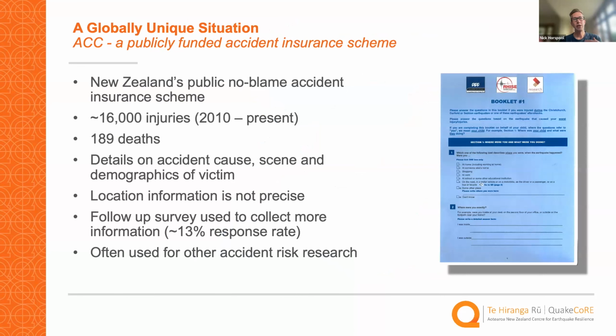Now, in New Zealand, we're in quite a unique position where we have the Accident Compensation Corporation, which is our publicly funded accident insurance scheme, which tries to reduce the liability of people for accidents in New Zealand. But what it means is that anyone who is injured or killed in a natural hazard, they're eligible for ACC treatment as well. Now, this is great because it means that there's no barriers to healthcare for people who are injured in natural hazards, but it also creates an opportunity because information on how people were injured and where and what their injury types were are collected by ACC.